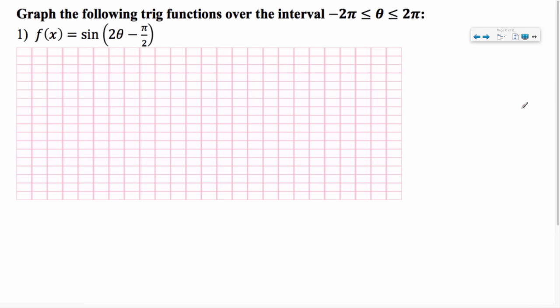So let's go somewhere in the middle for my y-axis. I don't have any midline changing. There's no d in this function, so I'll just set this up nice and in the middle.